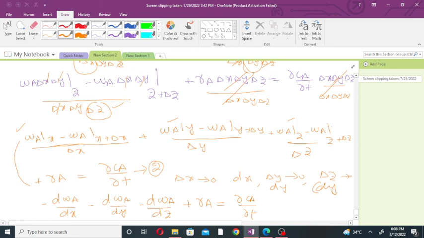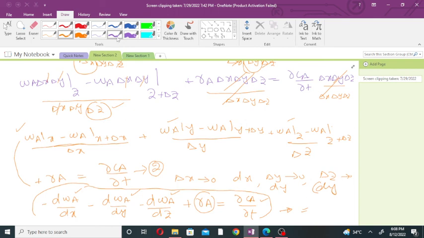So this is the flux which changes in the x, y, and z direction in the Cartesian coordinate system, and reaction is also taking place, and this equation is called the molar flux balance equation in the Cartesian coordinate system.